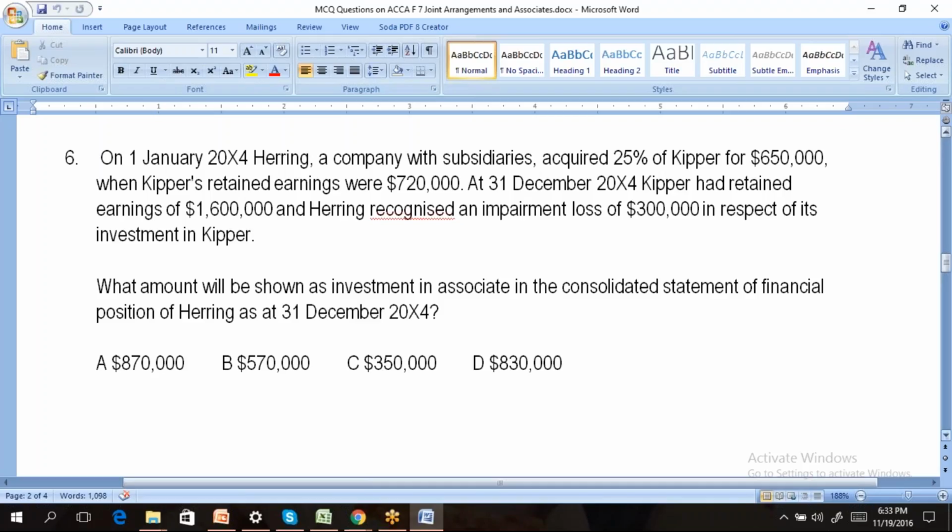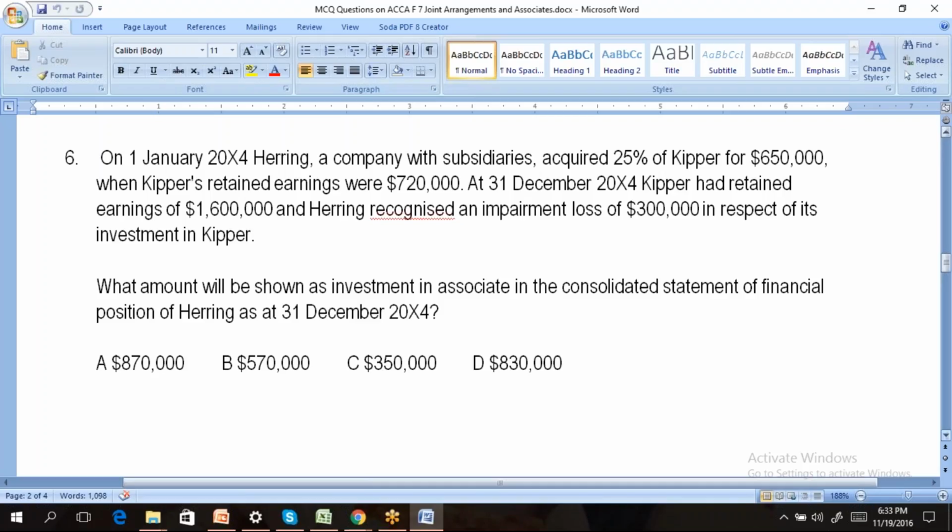Original cost, the 650, is the value of the investment. So 650 plus 1,600 minus 720.